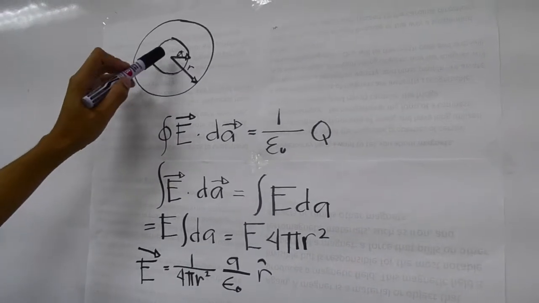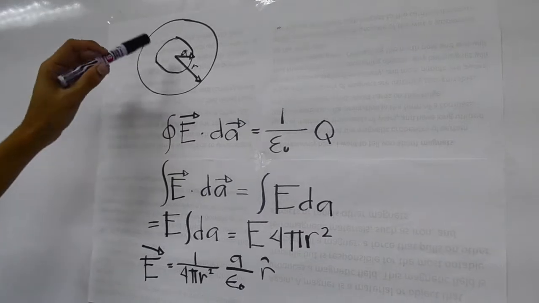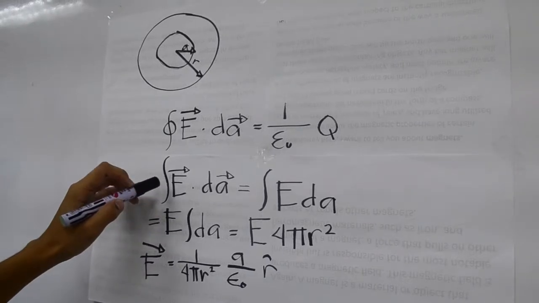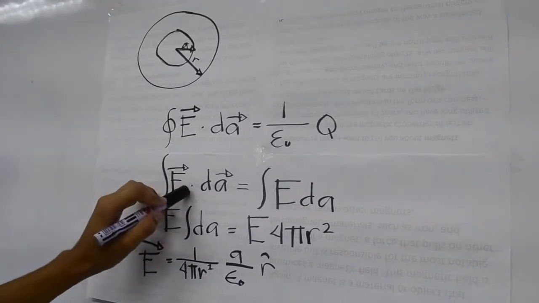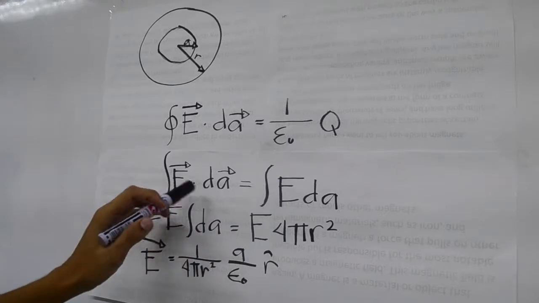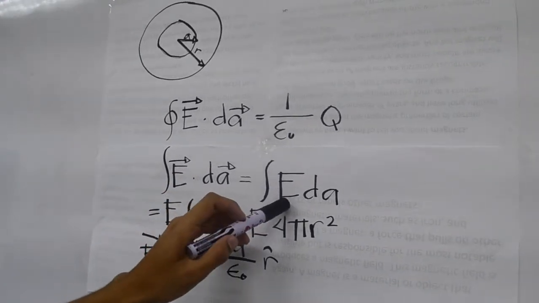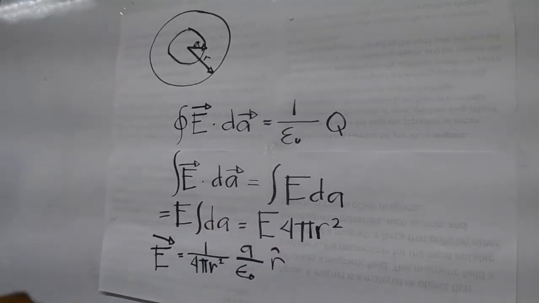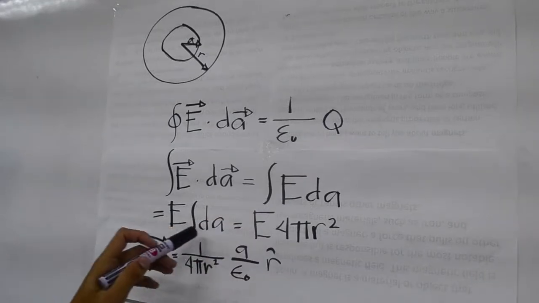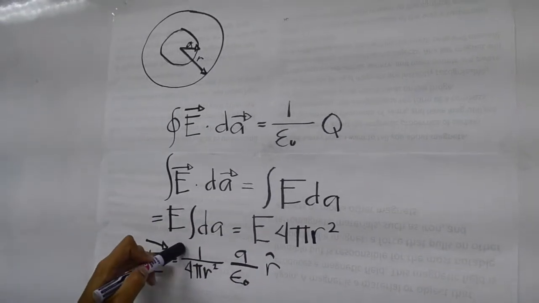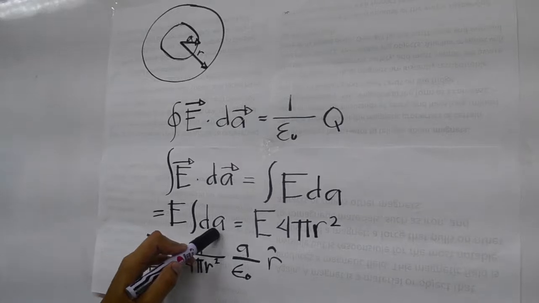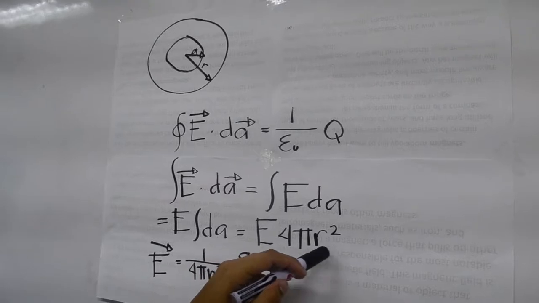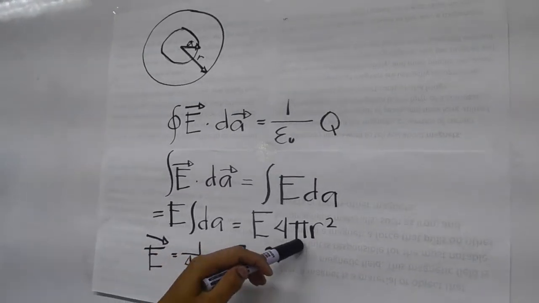Since the direction of the radius is the same, we can say that the integral of the E vector dotted with the dA vector is equal to the magnitude of E times the magnitude of the area. And since E is constant, we will put it outside the integral sign. Then we have E times the integral of dA, and the area of the surface is 4 pi r squared, so we have E times 4 pi r squared.